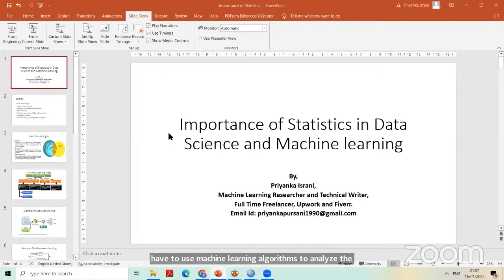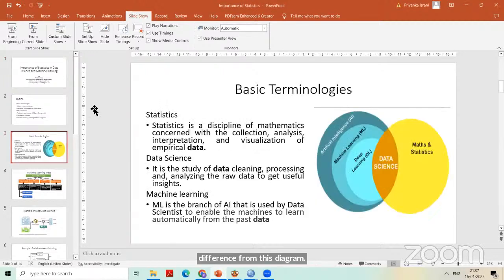So machine learning is a part of data science, we can say. So the actual difference is, there is no actual difference. From this diagram only, I have told you it is an intermediate between the two. So machine learning and statistics, there is intermediate. So machine learning is a part of data science. It is not a separate thing.